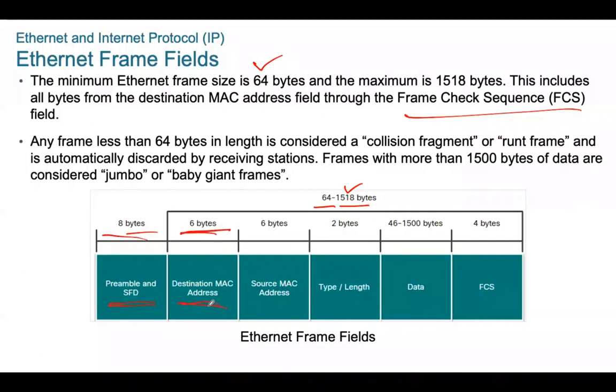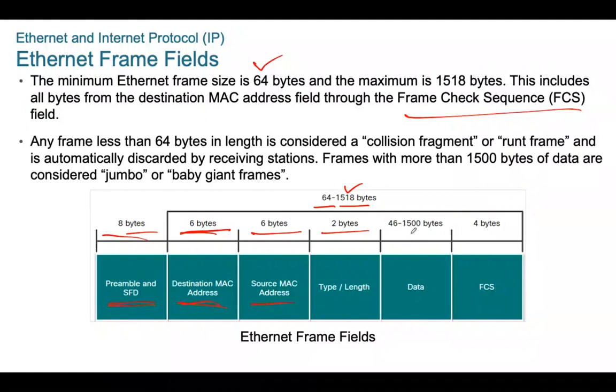Every destination has its physical address. And 6 bytes are used for the source MAC address, the sender's physical address. And 2 bytes are used for what type of message it is, whether it is a web browser message, an FTP message, or an HTTP message, which application message it is.